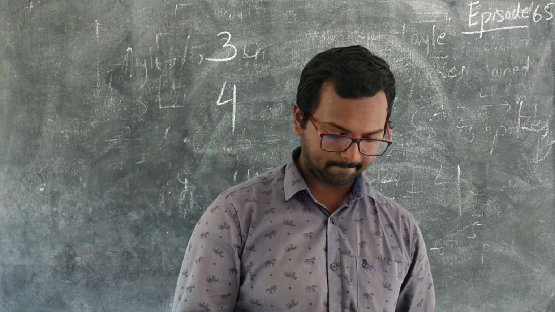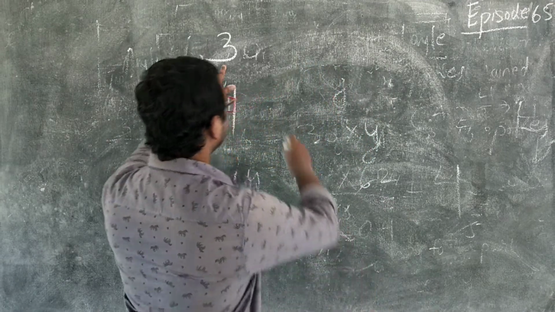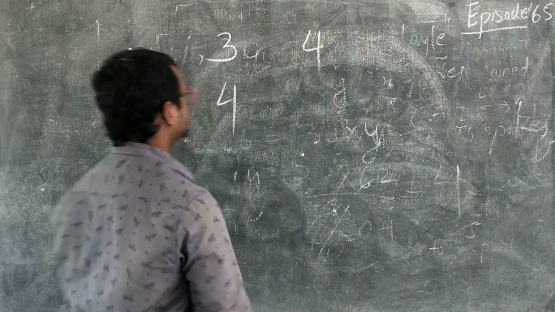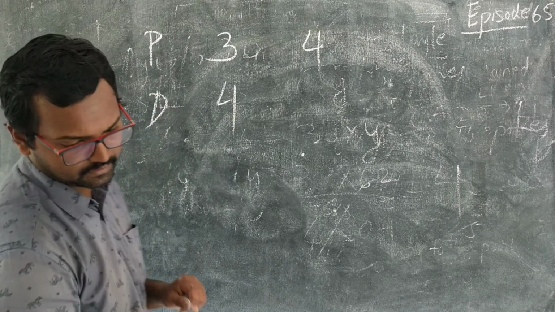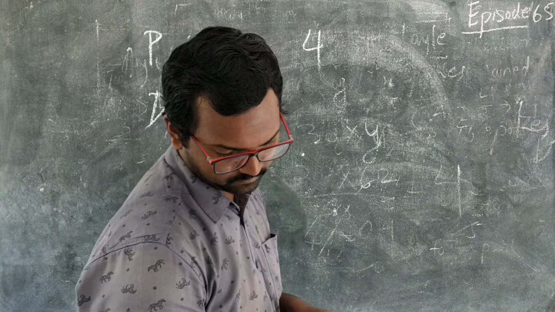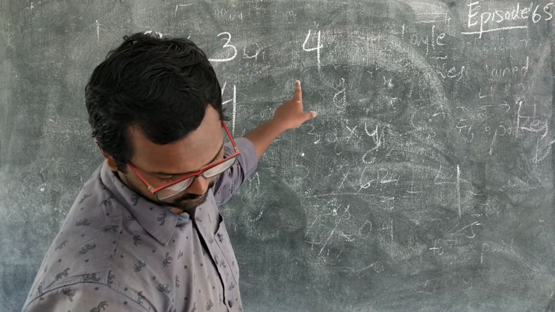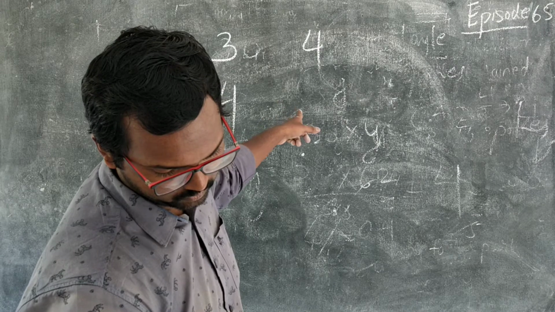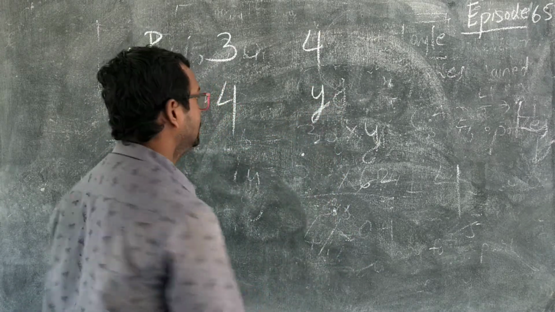Now the question is, if he uses 4 persons instead of 3. So this is persons and this is days. If he uses 4 persons instead of 3, how long would they take to complete the job? So we have to find the number of days.